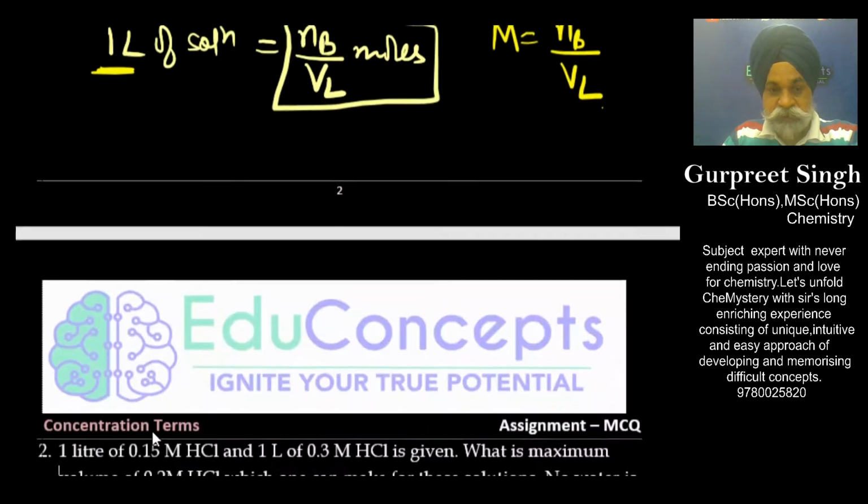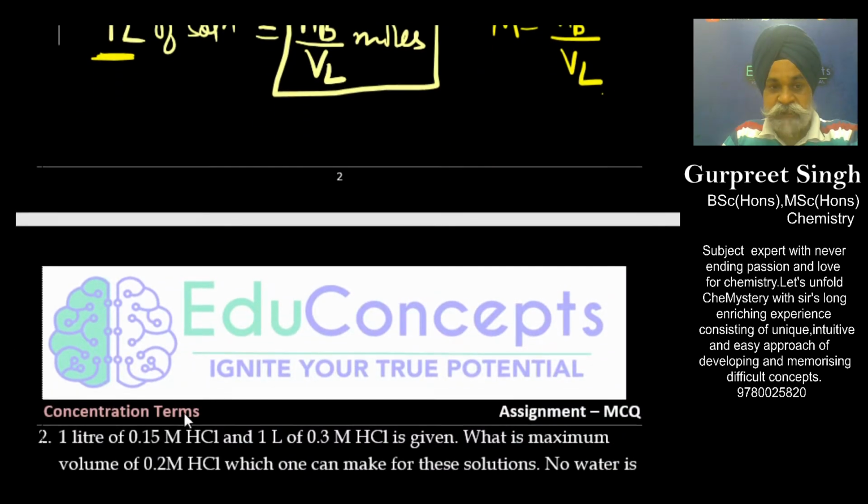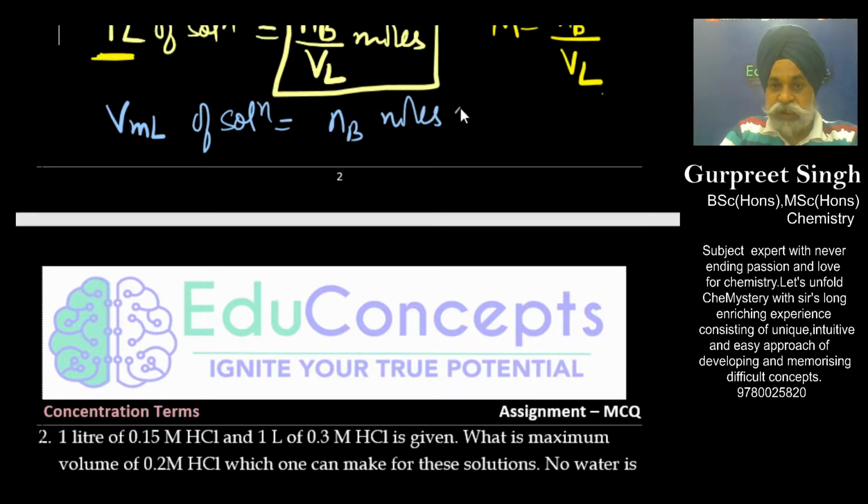Another way to do it: if I say V milliliter of solution is containing n number of moles of solute, then we have to define it for 1 liter. 1 liter of solution contains how many moles is its molarity.